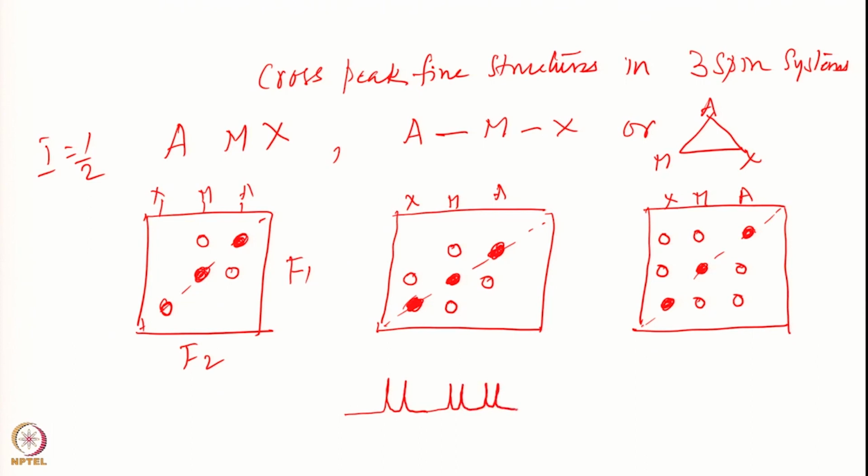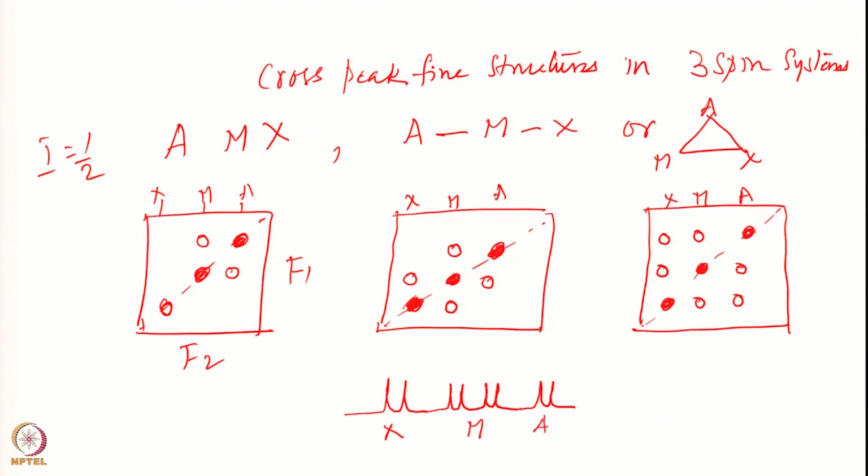And this is M, and what will be X? X has only 1 coupling, therefore that will also be a doublet. So this is X, this is M, this is A, in the same order which I am writing here.